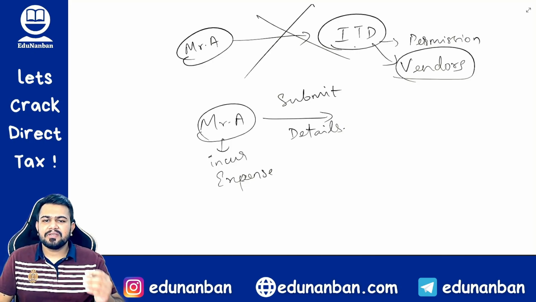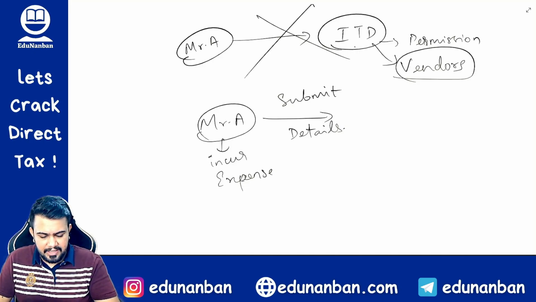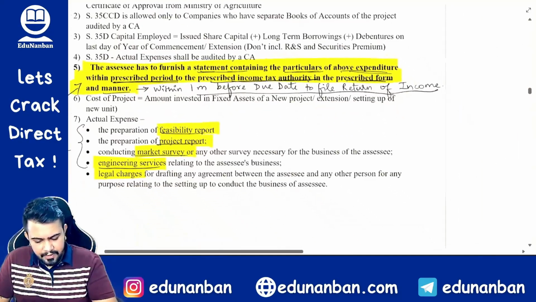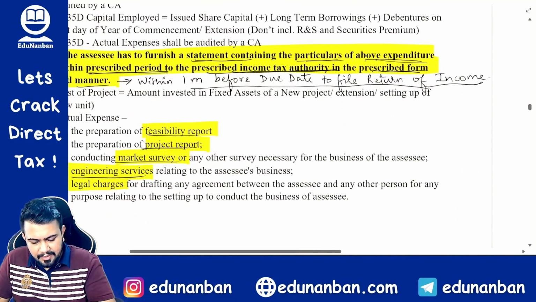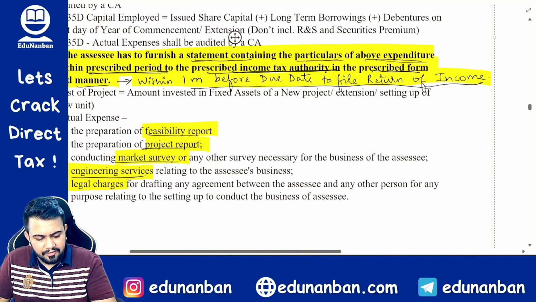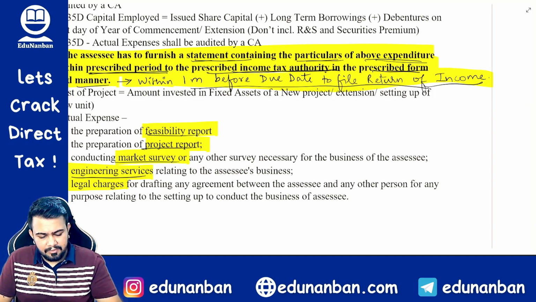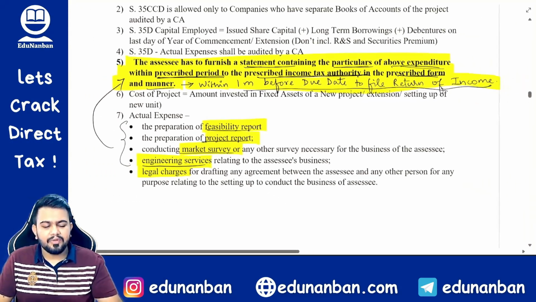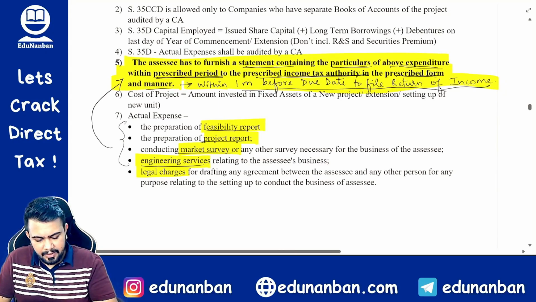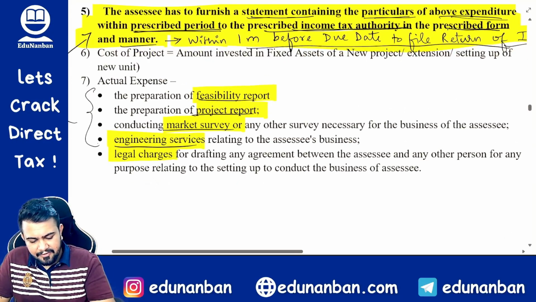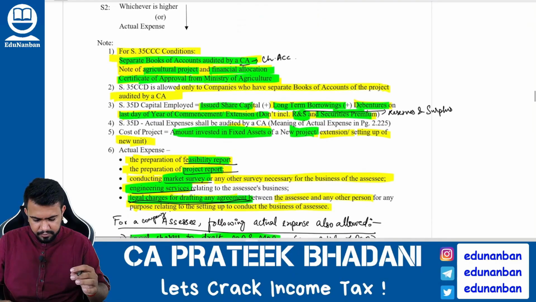So self-declaration is enough, no prior approval is necessary. Please write here: within 1 month before the due date to file the return of income. So the prescribed period is within 1 month before the due date to file the return of income. This is for which expenses? Feasibility report, project report, market survey and engineering services.